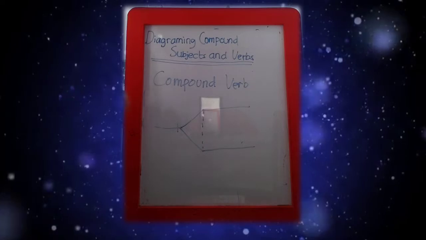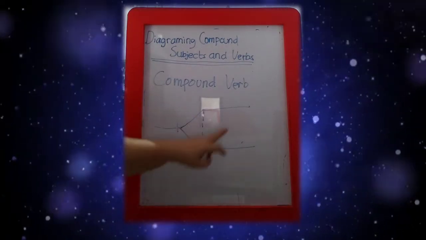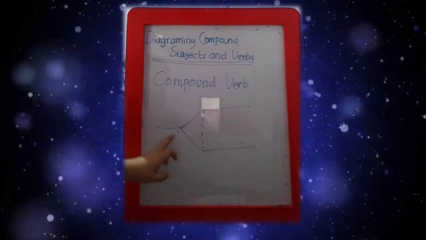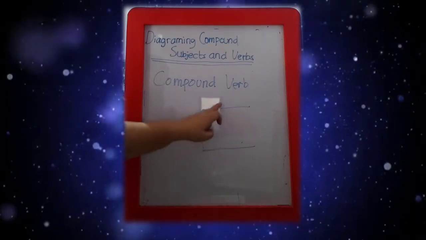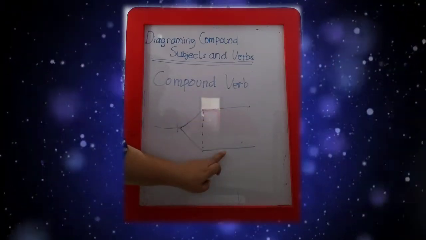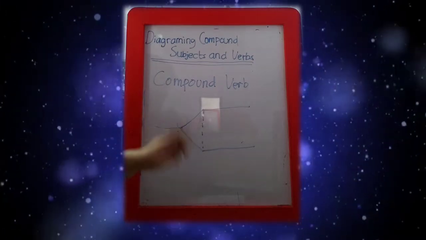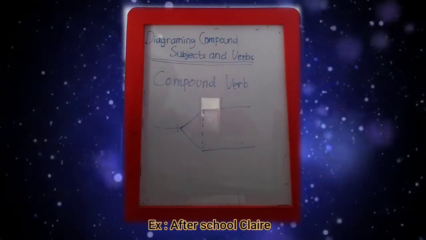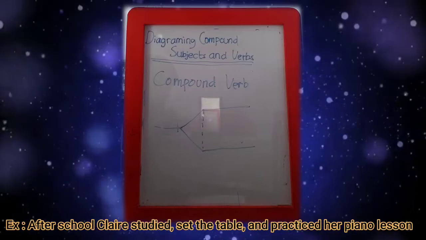Now take a look at another example with a compound verb. In a compound verb, we change the rocket to become like this, and then we put the subject here, and we put the verbs up and down here, and then the joining word inside the triangle. So we will try. After school, Claire studied, set the table, and practiced her piano lesson.